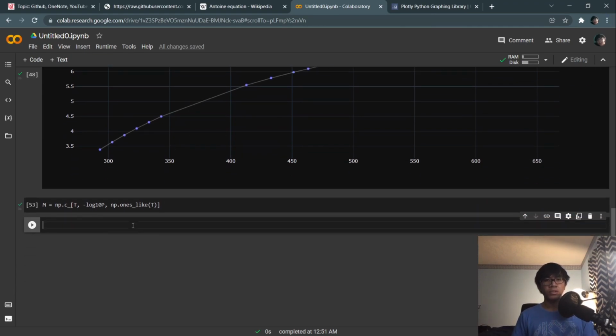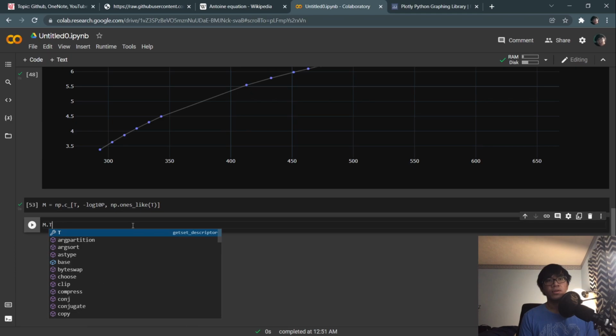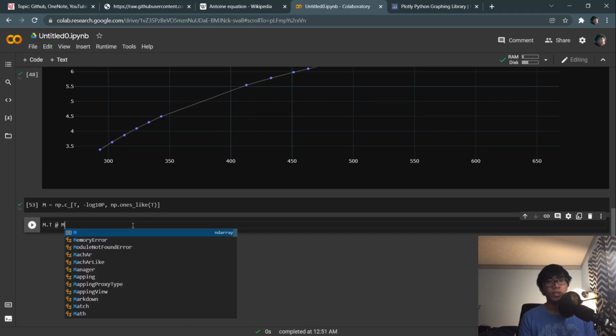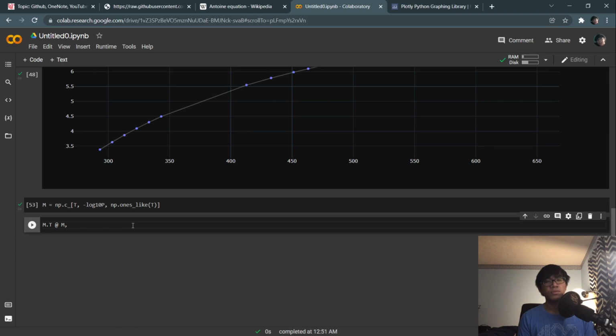Matrix multiplication. What do we need to do? We're going to do m dot t transpose matrix multiplication, which is the at sign, times m. And then we're also going to do m transpose multiplied by b.